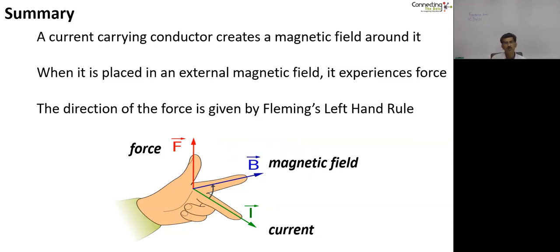The magnitude is given by the formula B I L sine theta. B is the strength of the magnetic field, I is the current in the wire, L is the length of the wire, and theta is the angle between the wire and the magnetic field. The direction of the force is given by Fleming's left-hand rule, which is illustrated here.